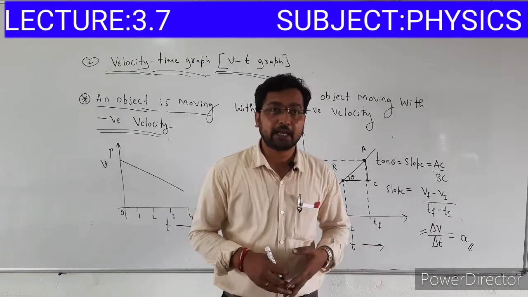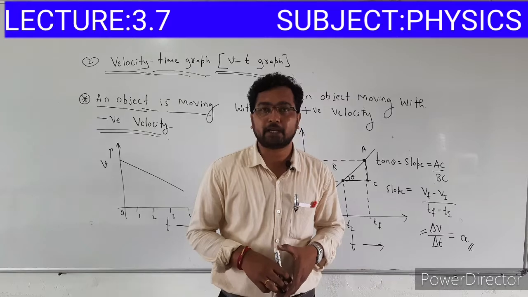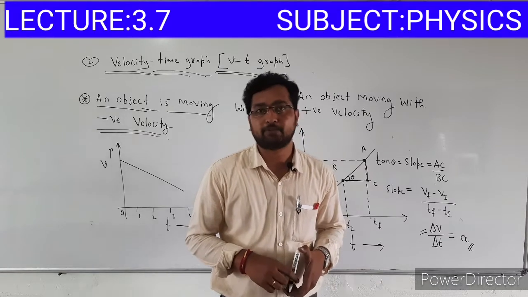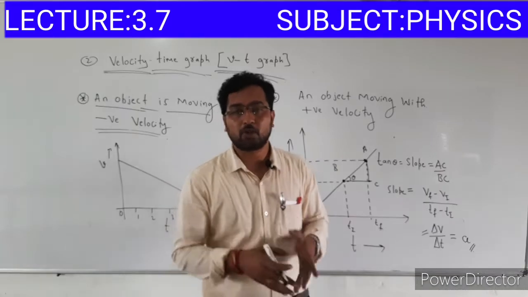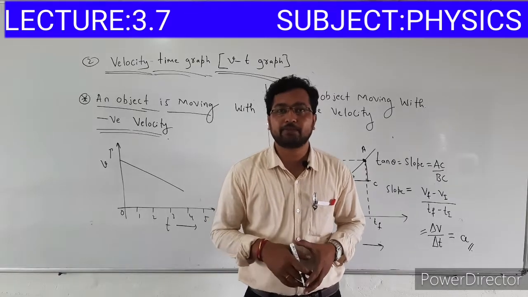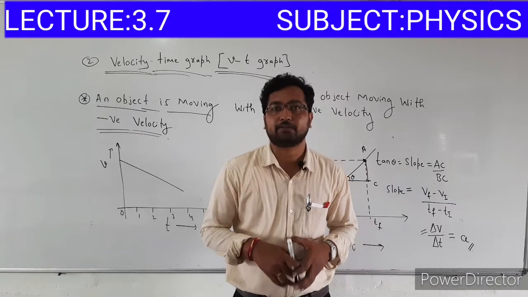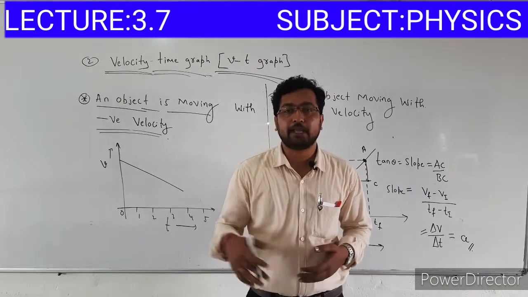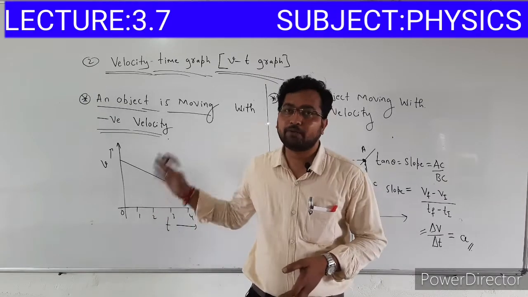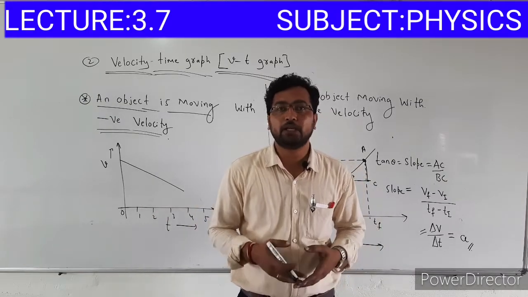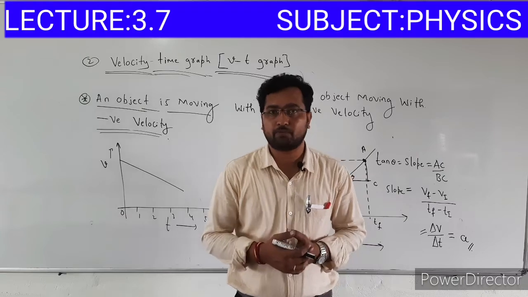The area under the velocity time graph gives the displacement, and the slope of the velocity time graph gives the acceleration. And the last point, with the help of these VT graphs we are going to derive the equations of motion.